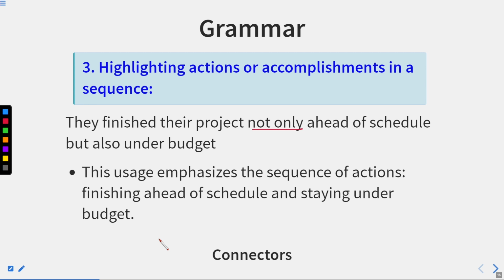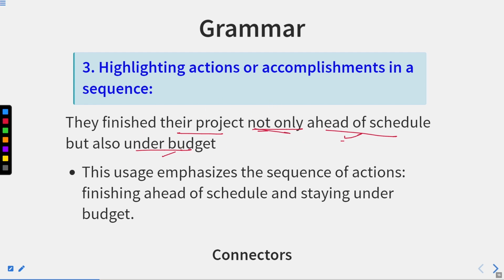In fact, we have two things that have to be joined together. So in this sentence you can see they finished their project, how? Not only ahead of schedule but also under budget. So these are two qualities, and they are being joined together with the help of not only and but also.